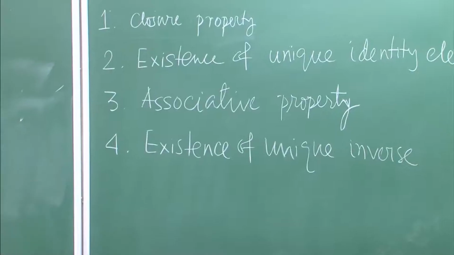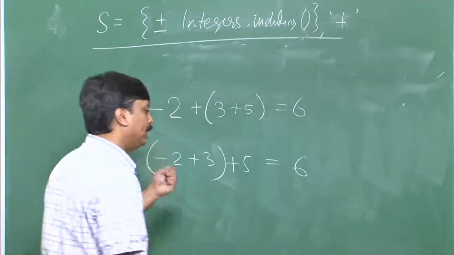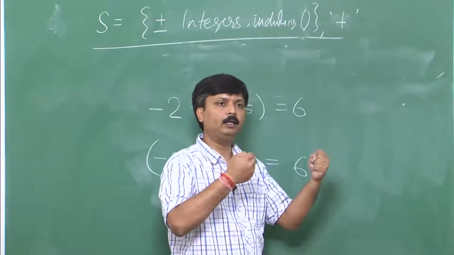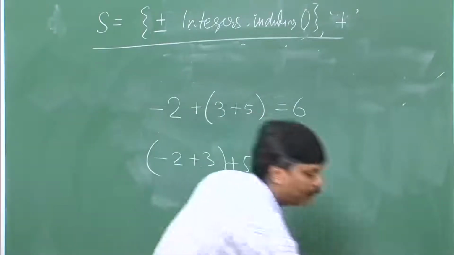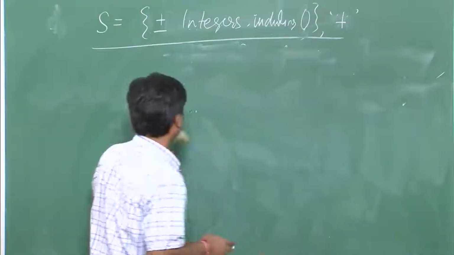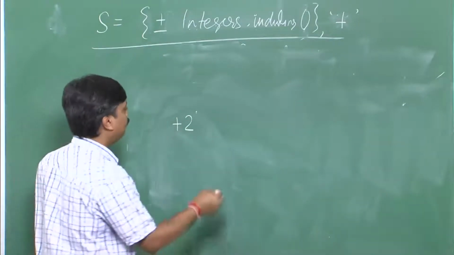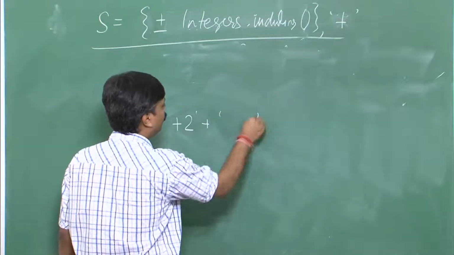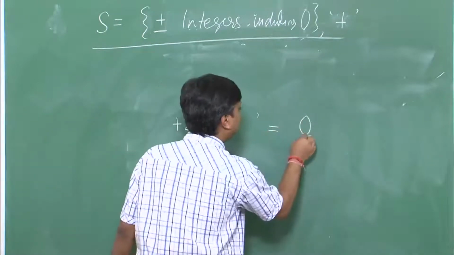Existence of unique inverse. So inverse demands that for any given element I will have another element with which if I combine my previous element, it will result in having the identity element. So if I take, say, for example, any element, say, plus 2, do I have something with which if I add this plus 2, I will get my identity? What is my identity? I got my identity as 0.